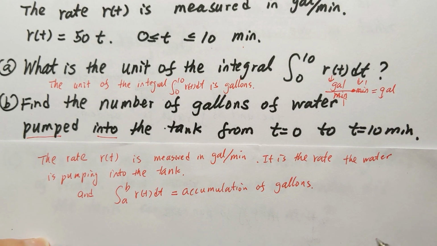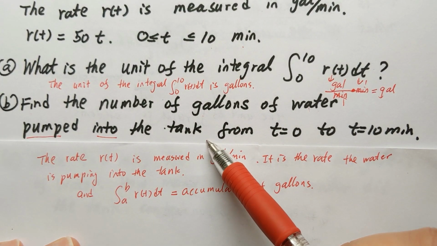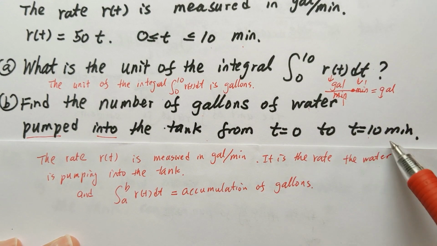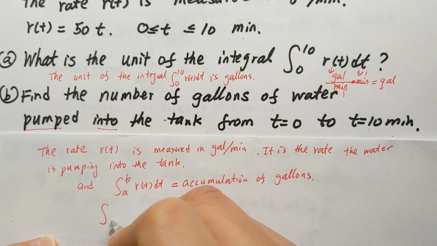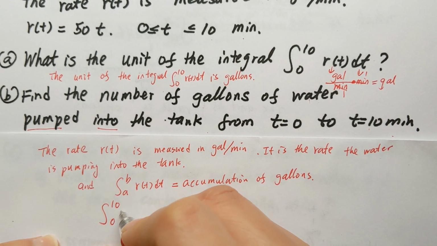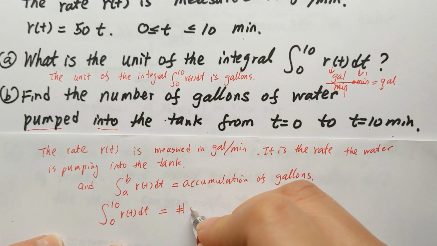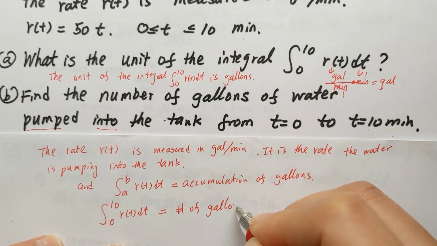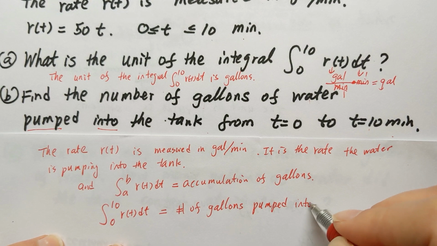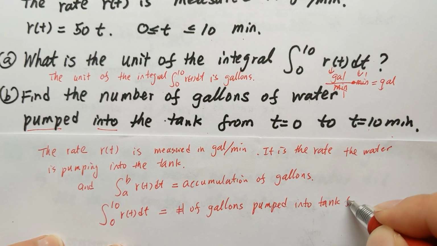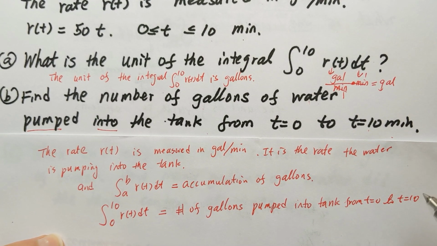In order to find the number of gallons of water pumped into the tank from t equals 0 to t equals 10, we do the integral from 0 to 10 of R(t) dt, which will give us the number of gallons pumped into the tank.